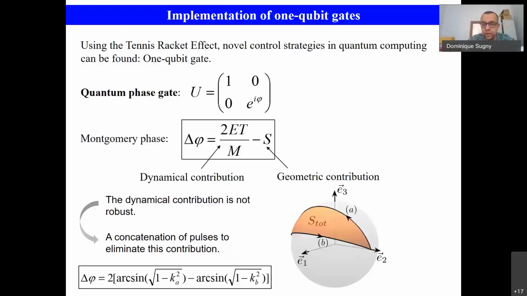If you do that, finally, here again, we have a very robust process with analytical expressions of the control fields in order to implement here a quantum phase gate, because the angle phi corresponds to this one. So it's also something which is, I think, very interesting for quantum computing applications.